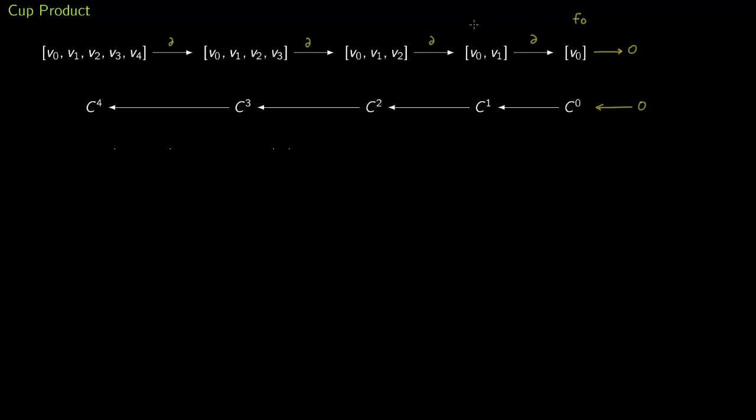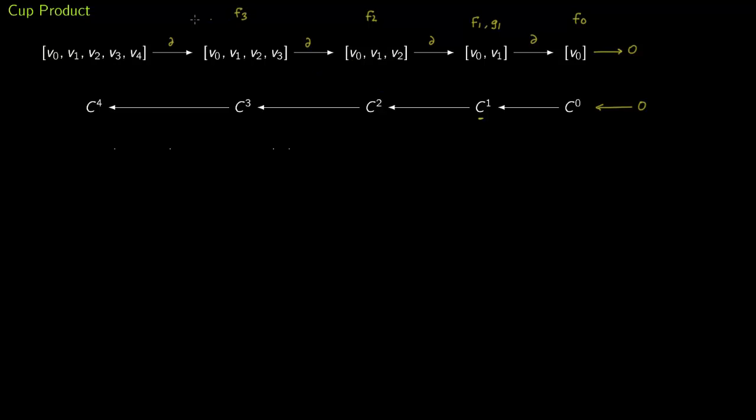Similarly, say that you have two functions here, f1 and g1. f1 acts on v0, v1, and g1 acts on v0, v1; f1 and g1 have domain v0, v1, this entire edge. So they lie in c1 right here. Similarly, say you have a function f2 which acts on v0, v1, v2. It lies in c2.